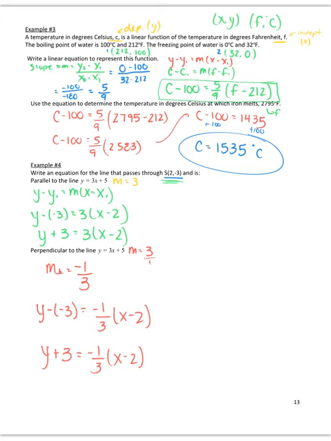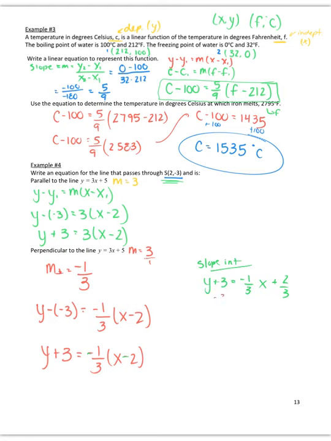If you want, we can rearrange this into slope-intercept form just for some extra practice. What I'm going to do first is expand our slope into the bracket. So y plus 3 is equal to negative 1/3 x plus, because we have a negative 1/3 and a negative 2 here, 2/3.